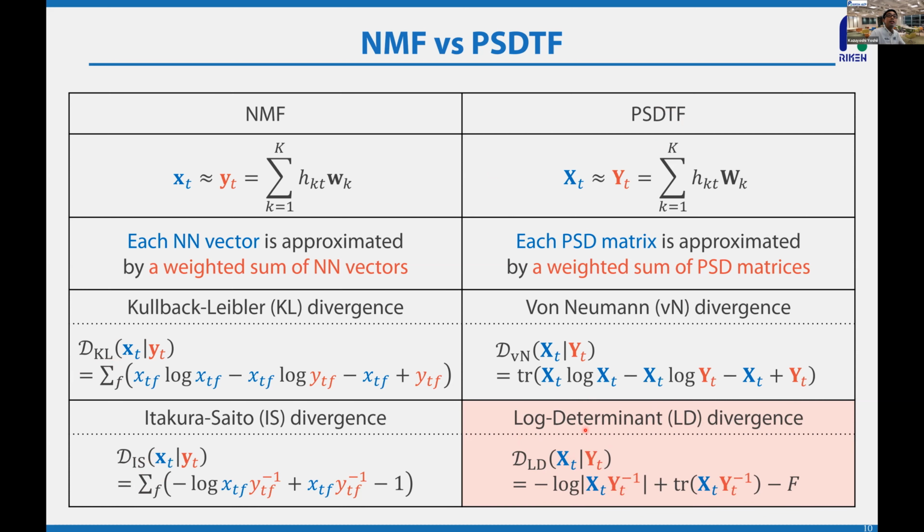This is the matrix extension of the Itakura-Saito divergence. Itakura-Saito divergence evaluates some kind of distance between two non-negative vectors. On the other hand, the log-determinant divergence evaluates some kind of distance between two positive semi-definite matrices. This is a very elegant correspondence.